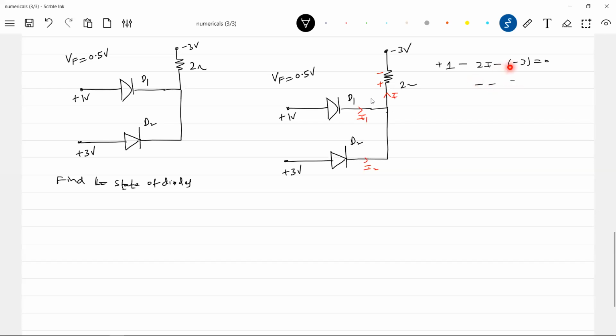Forward voltage. Let's do one thing, I just forgot. This will become VF.